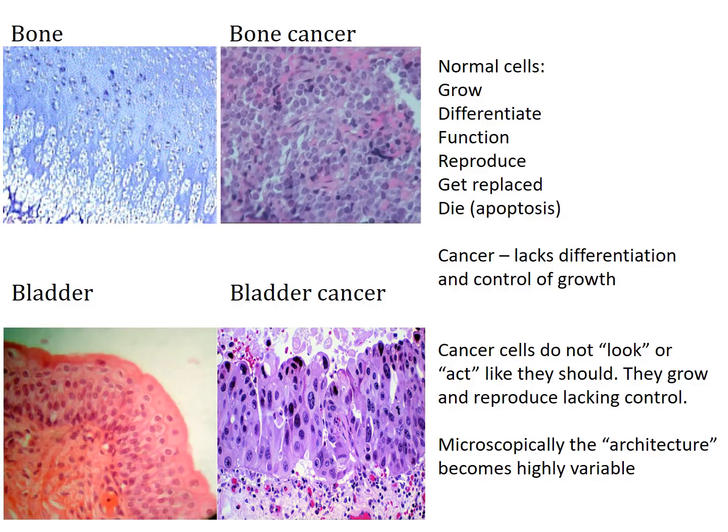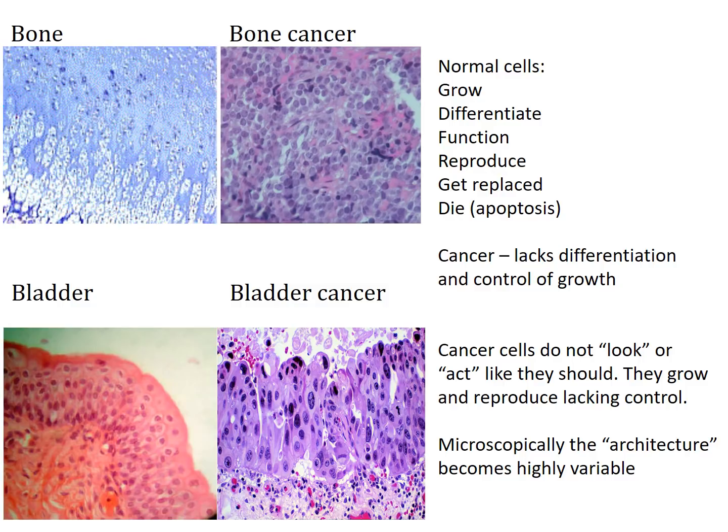So remember, normal cells grow, differentiate, they function, reproduce, they get replaced, and eventually they die. That's all a tightly regulated process. In cancer, that growth and differentiation is gone. The cells no longer look like they're supposed to look, they no longer act like they're supposed to act, and they grow and reproduce without control.